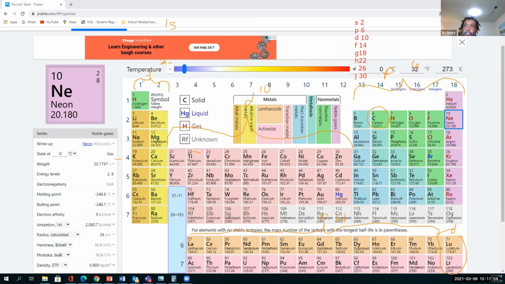So 1s2, then the 2s would have 2 electrons. And how many electrons total does carbon have? 6. So then we would get over here to the P, and we'd have 2p2. This would be the electron configuration for carbon.